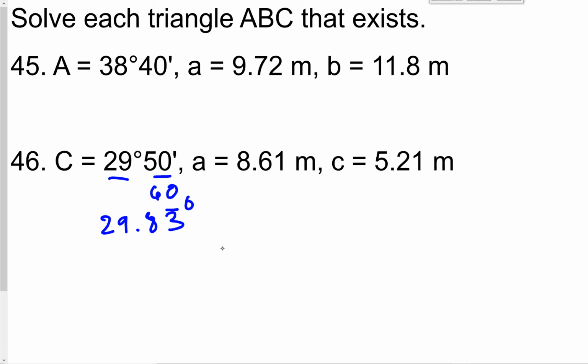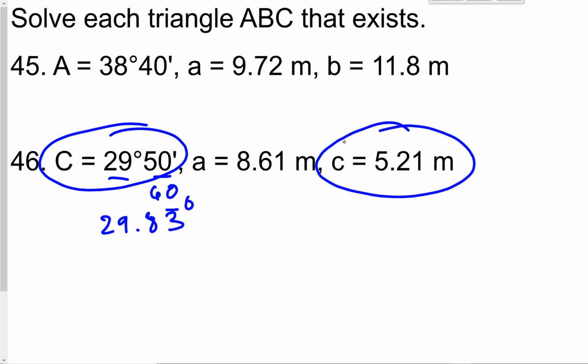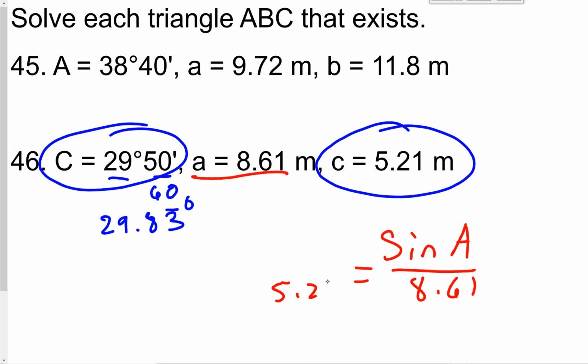Well, we've already had no triangle. We have one triangle, so this is probably one with two, right? So look at what letters you're given. We're given angle C, right? And we also have side A, so that means we're finding sine of angle A. So set it up. The side is on bottom.